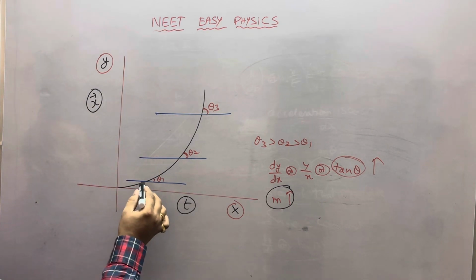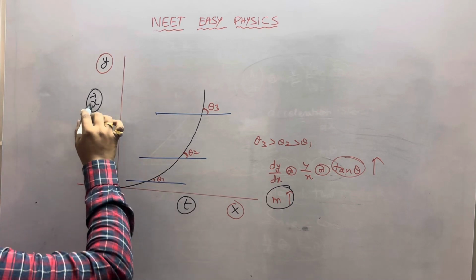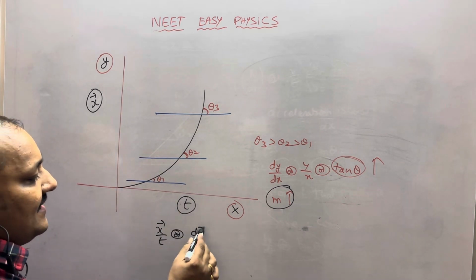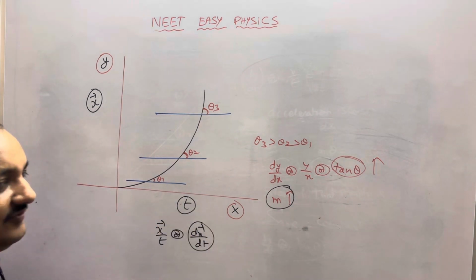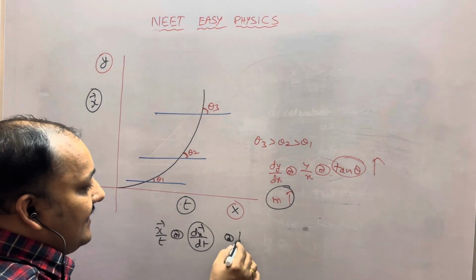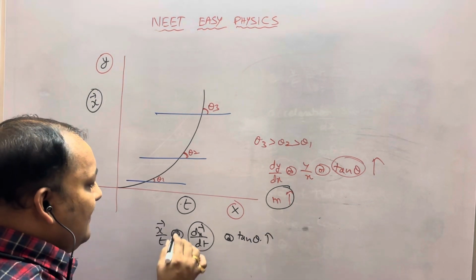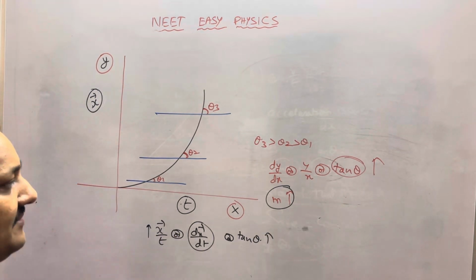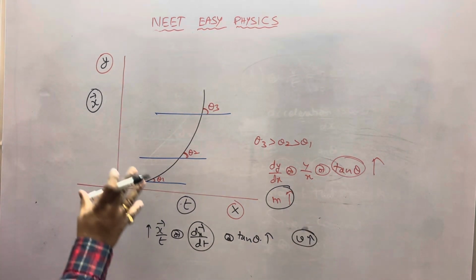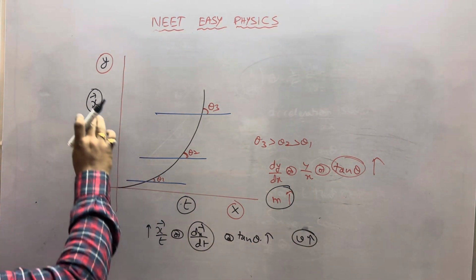Then what is the slope of a displacement time graph? Displacement by time, or change in displacement with respect to time, or tan theta. So all these are increasing. All these are increasing means what is increasing? Velocity is increasing. So whenever they give a graph, first you have to identify the slope.